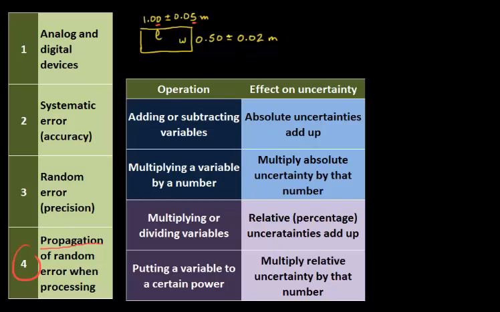So now the question is, for example, if I was adding up the length and the width, what would be the result of this operation? Well, it would be equal to 1.50, that's the easy part, plus or minus what? Well, the uncertainties add up, so it's plus or minus 7 centimeters. Okay, another question. If I'm subtracting the length and the width, what happens?